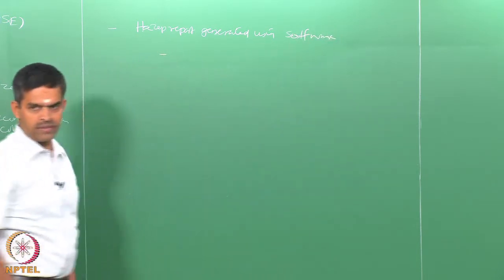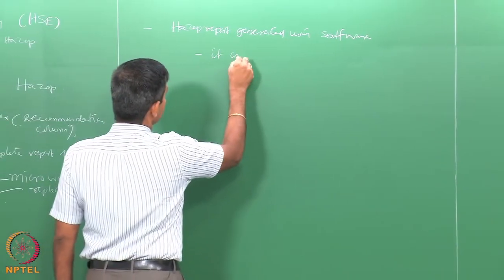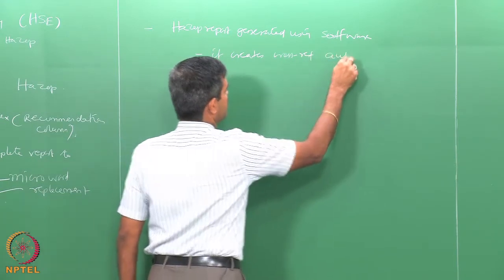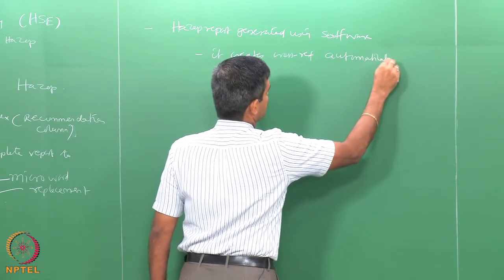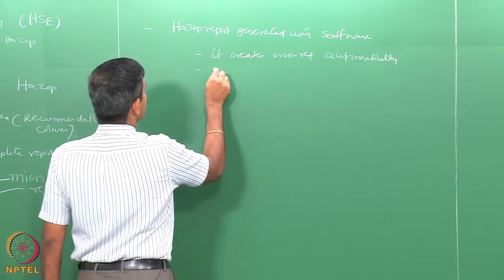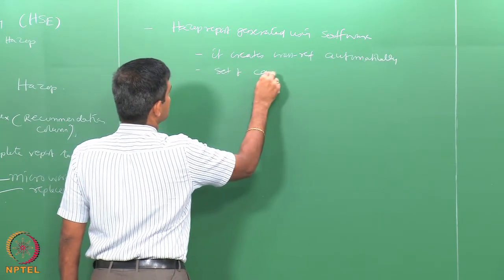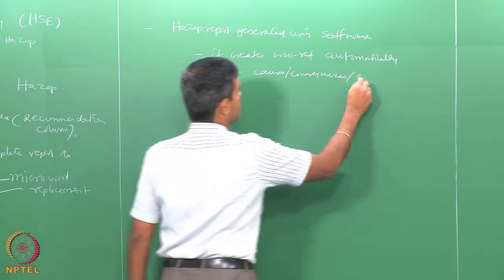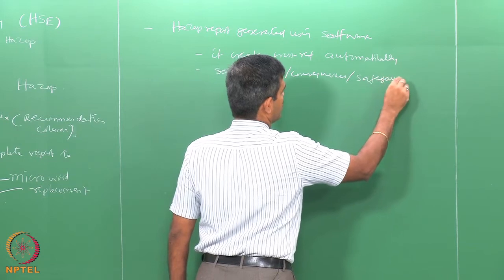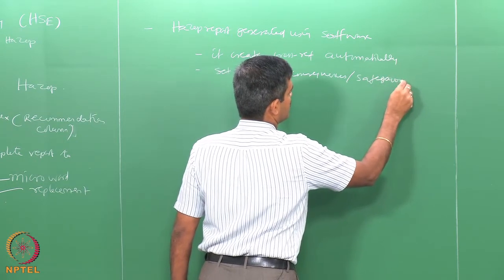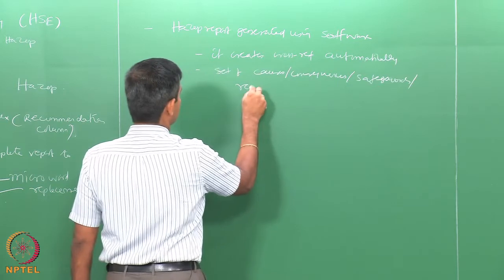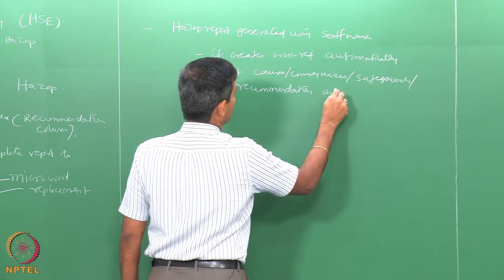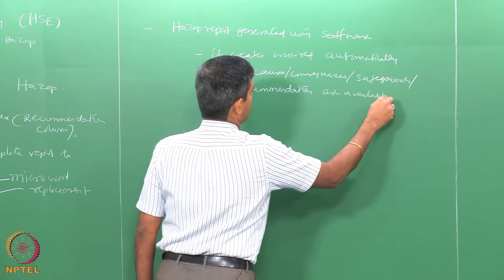has the following advantages. One, it creates cross references automatically. A set of causes, consequences, safeguards, and recommendations are available in the database.